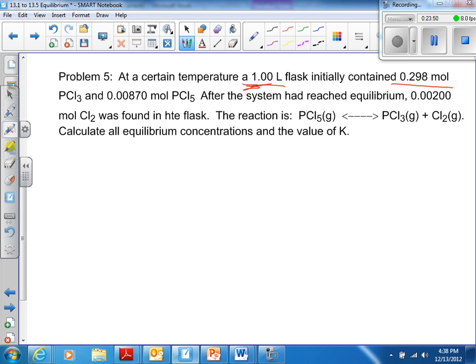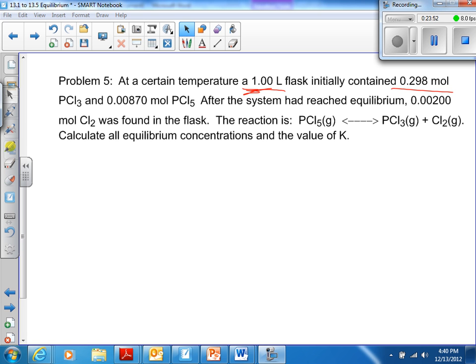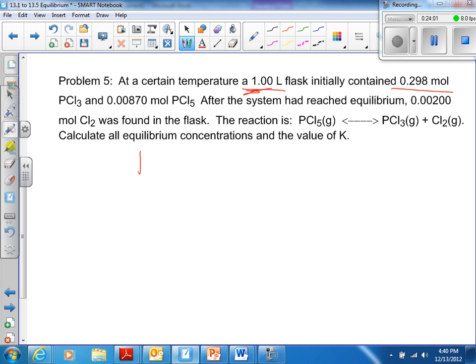Okay, you may or may not remember, you actually have to set up this ICE box, initial, change, equilibrium. So we're going to write our reaction, PCl5 makes PCl3 and Cl2. We have our initial conditions, how much everything changes, and our equilibrium conditions.